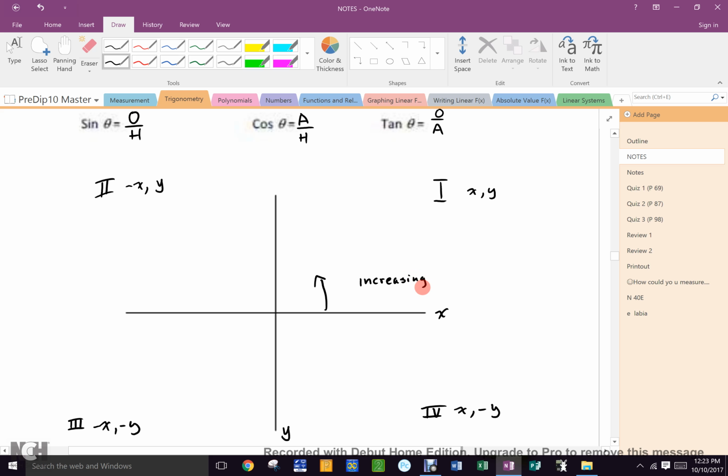Therefore, they are considered a positive angle. So, if I were to draw that line, this theta would be a positive angle. Everyone understand? And that theta would be some number between 0 and 90. Is everyone cool with that? Okay.